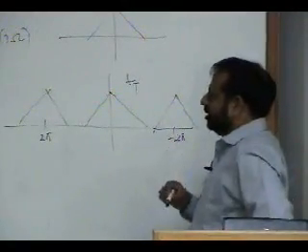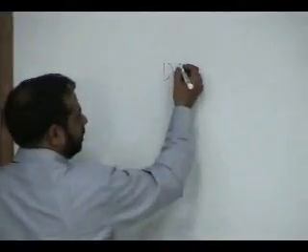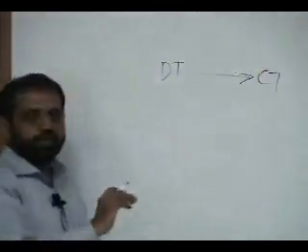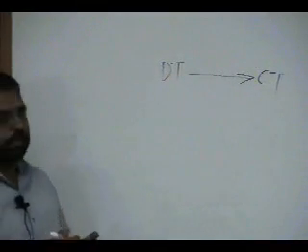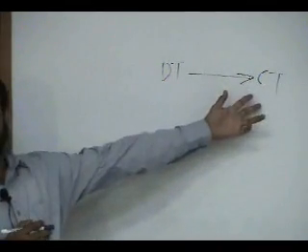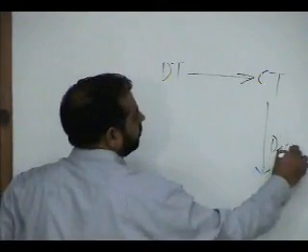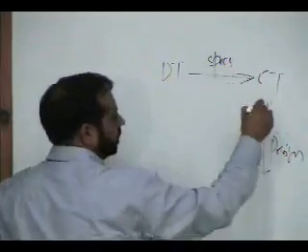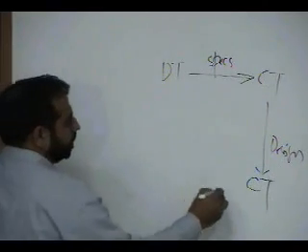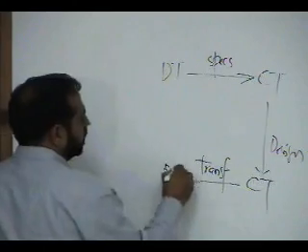Another interesting point is that you started with the specification in the discrete domain, so it was discrete time. You need to design a filter in the discrete time domain. You convert the specification into a continuous time domain specification. Now you design for these specifications. This is the specs conversion, and this is the design. So you get a design in the continuous time domain, and then you convert the design into the discrete time domain.